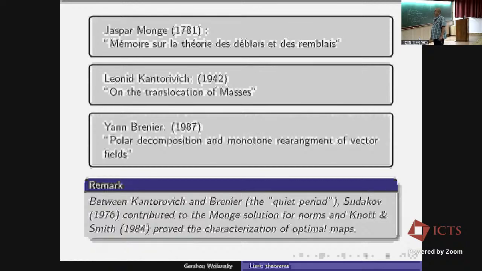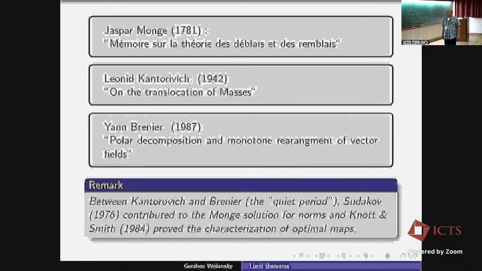Studakov, in '76, made a contribution to the Monge problem corresponding to norm. And by the way, Aldo, one of the speakers today, has also a very prominent contribution in this problem.